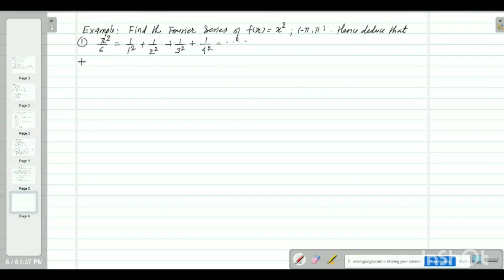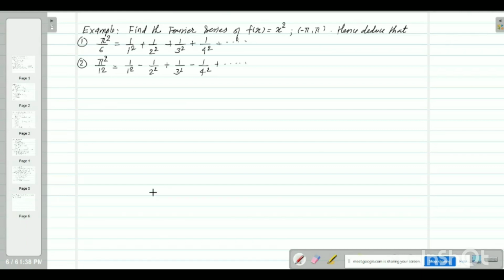Okay, and number 2, pi square by 12 is equal to 1 upon 1 square minus 1 upon 2 square plus 1 upon 3 square minus 1 upon 4 square and plus so on.